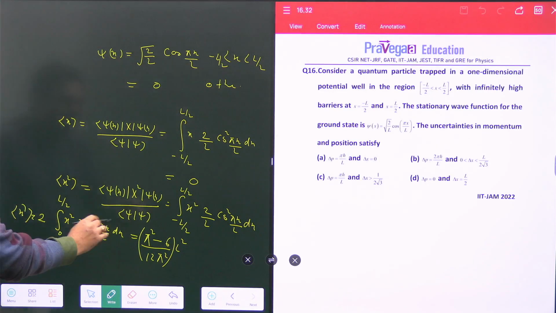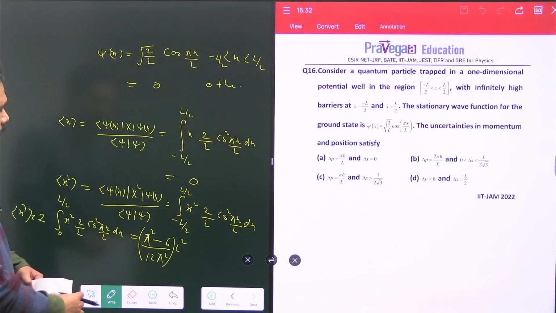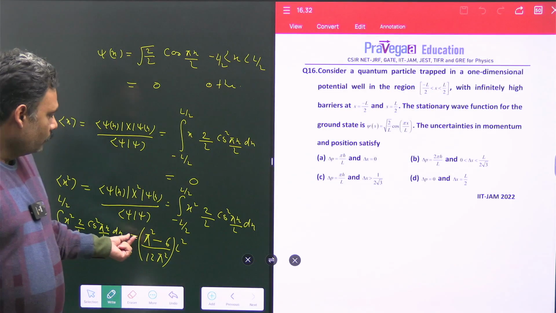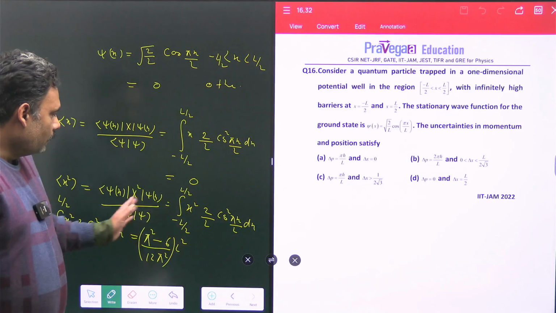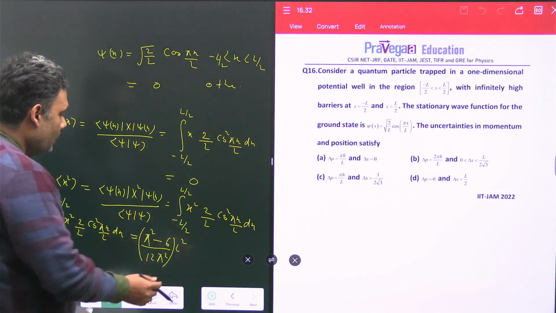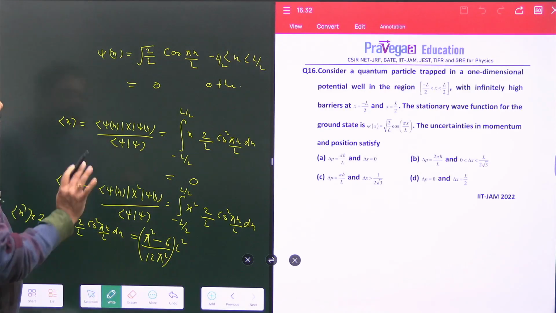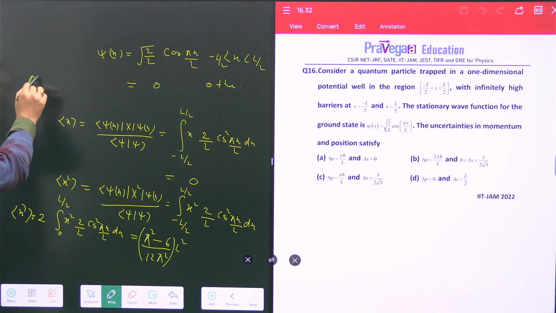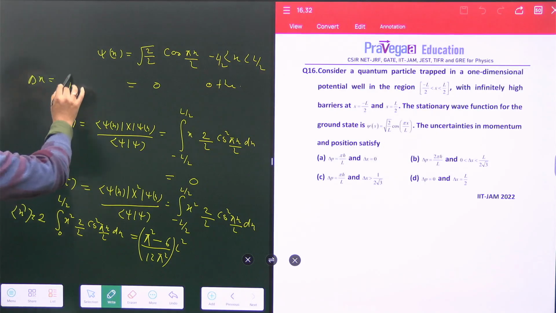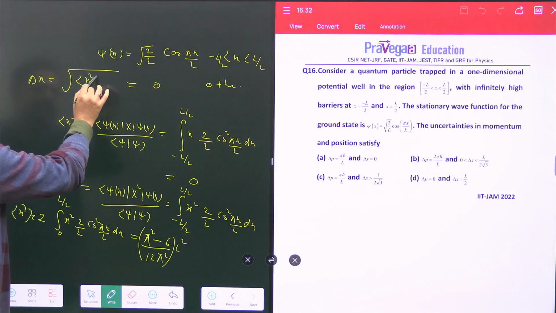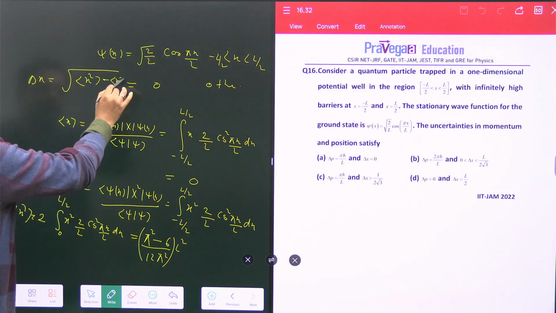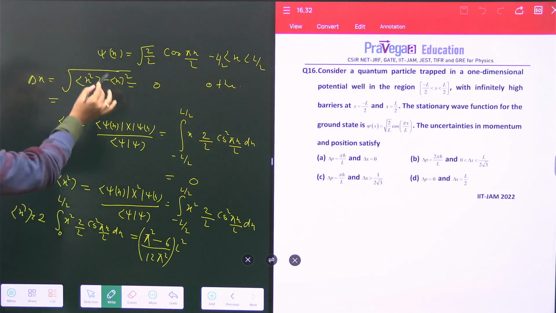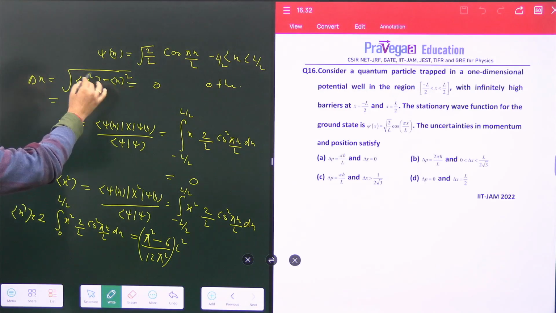When you calculate the expectation value of x square, you can put pi equal to 3.14 and calculate everything, but we have to find delta x. Delta x is the square root of the expectation value of x square minus the expectation of x whole square, and that value is 0, so this one remains.